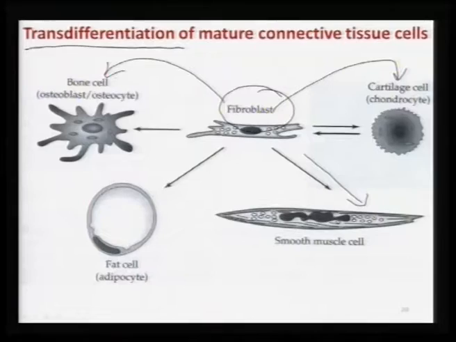So, this is a unique example where fibroblast cells can be differentiated into 2 or 3 different types of cells. In one case it forms a cartilage cell, chondrocyte, in another a smooth muscle cell, in another a bone cell, the osteoblast. This is called transdifferentiation.